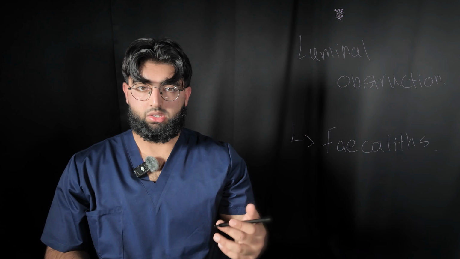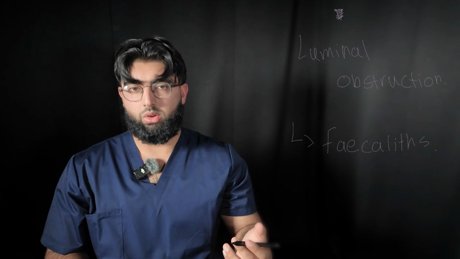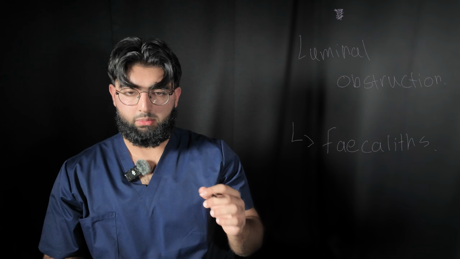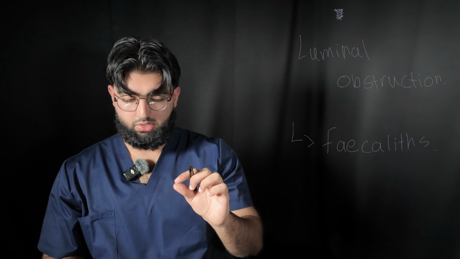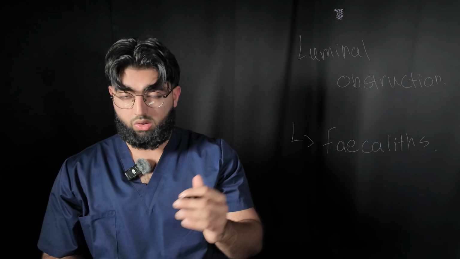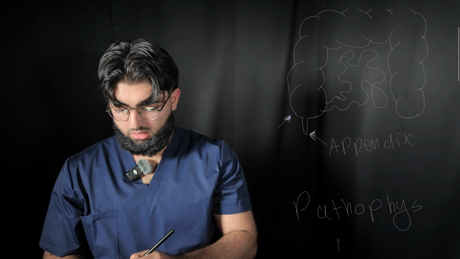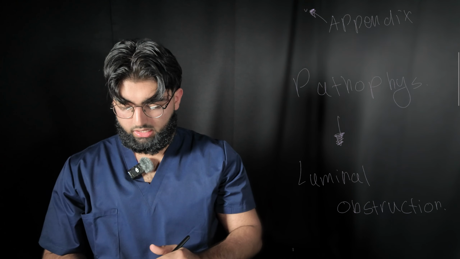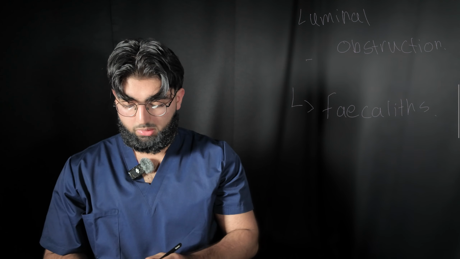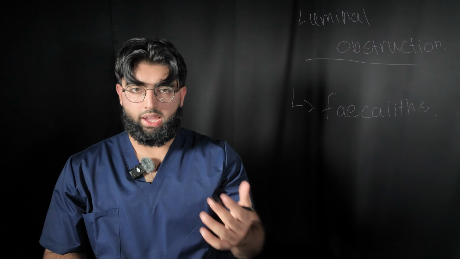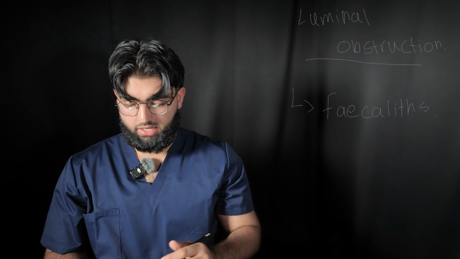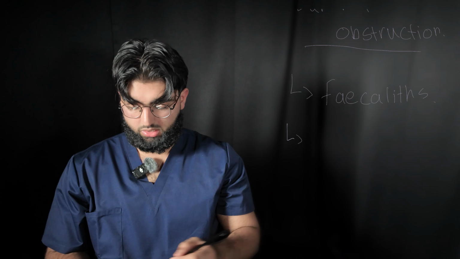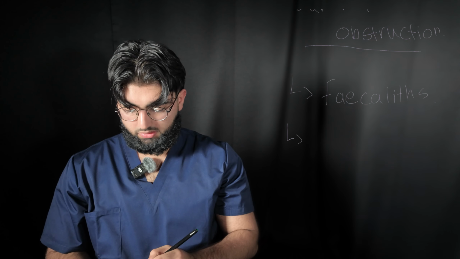And sometimes, if the patient has a diet that is quite low in fiber, or they might be dehydrated, the feces can harden over time. And if a small part of this hardened feces lodges into the lumen of the appendix here, then that can be a trigger to the luminal obstruction. We'll have a look at why this obstruction actually leads to appendicitis, but let's just focus on the causes of the obstruction first. So fecaliths, that's the first part.